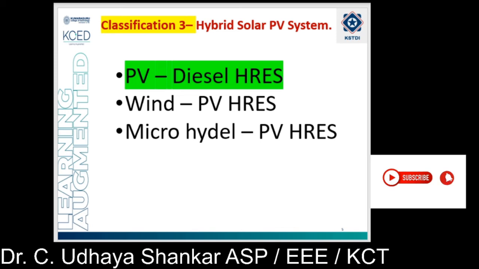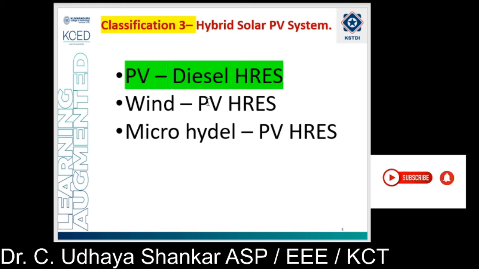This is done because PV is not continuous in nature, it is highly intermittent. All renewable energy systems are highly intermittent in nature, and hence this is the main drawback: the energy supply is not continuous due to the instability in nature. Hence HRES is the suitable method for remote locations like mountain and forest regions.